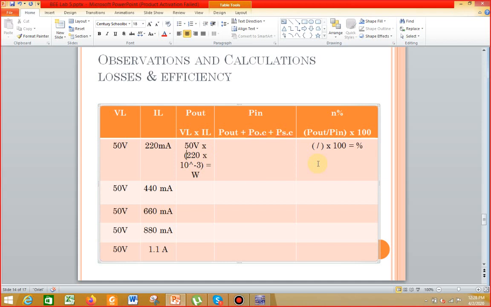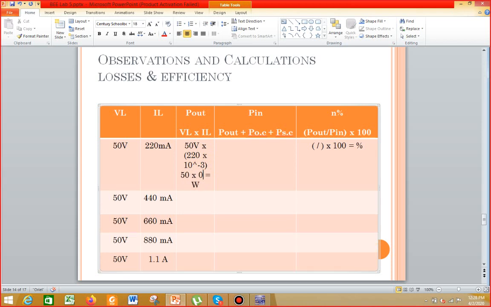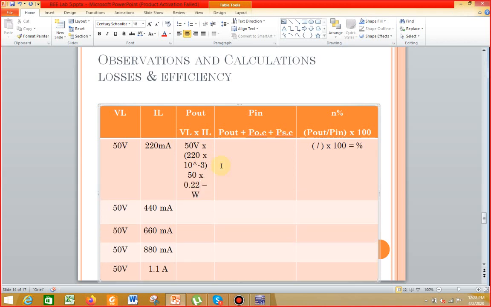So now this value becomes 50 multiplied by 0.22, which makes it 11 watts. So you can put the value of 11 watts here.